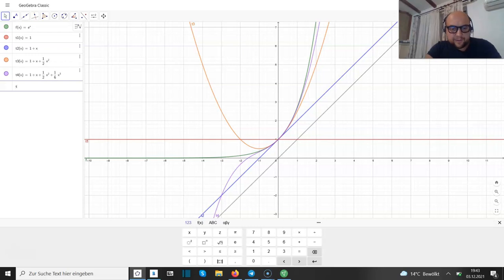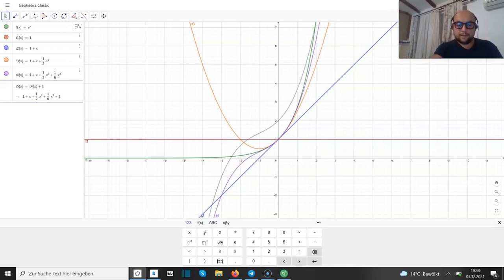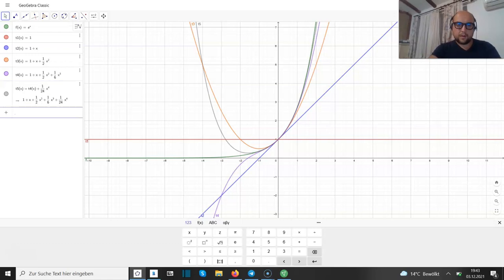T5 of x, we're doing as well, would be equal to, well, let's continue. I think I can write it here as T4 of x plus what we have is 1 divided by 24 times x to the power of 4.